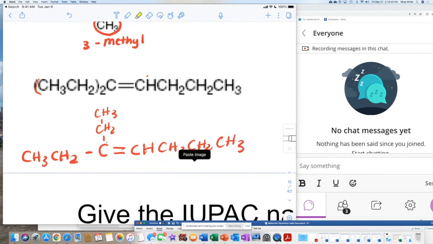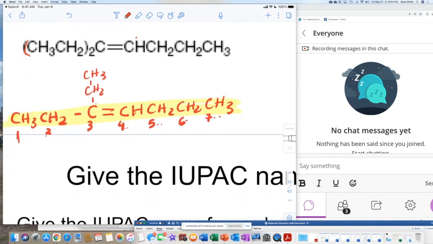I think you can see now your longest chain goes from here all the way to there. That's my longest chain. Let's see, numbering from the left, right? 1, 2, 3, 4, 5, 6, 7. This would be 3 or 1, 2, 3, 4. No, from left is better. 1, 2, 3, 4, 5, 6, 7.